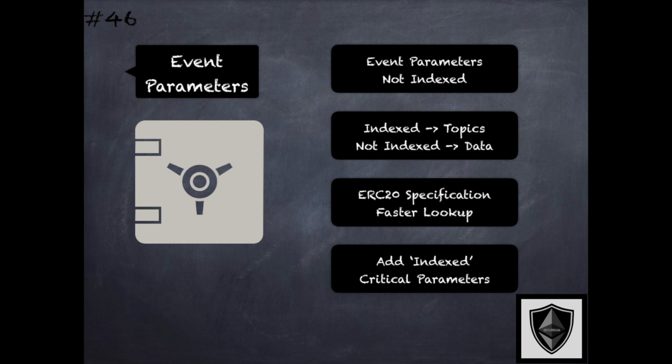So the best practice here is to add the indexed keyword to critical parameters in an event, especially if the specification requires them to be indexed. This comes at the cost of some additional gas usage, but allows for faster querying.